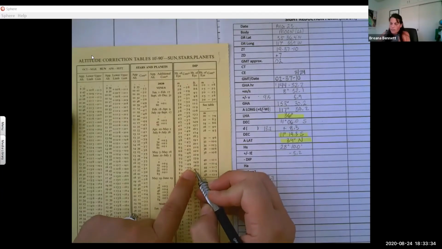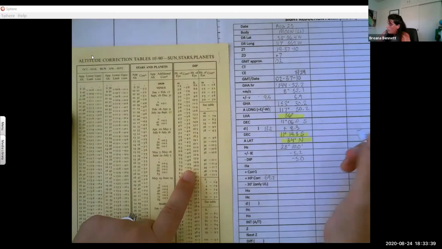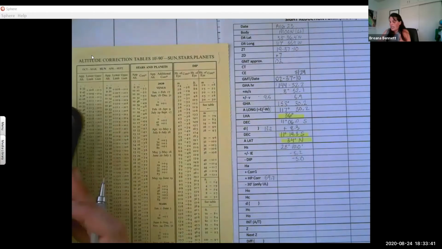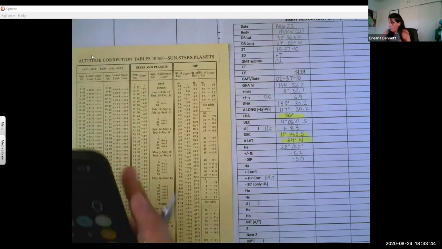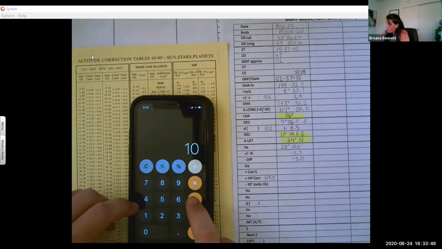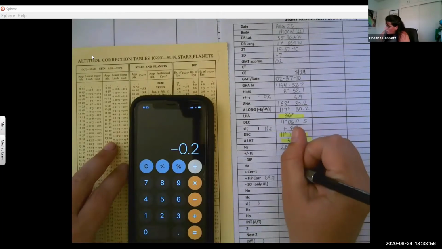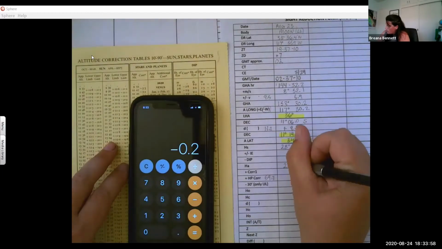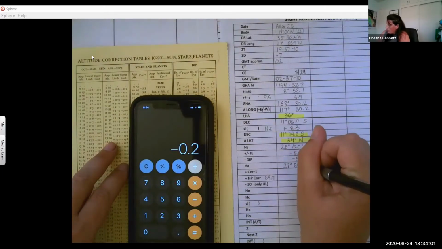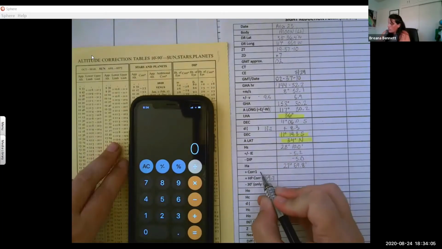So we're using -5 as our dip. So we can calculate our HA. 10 minus 5.2 minus 5 gives me 27 degrees, 59.8. And then I have my corrections, correction, HP, and 30.